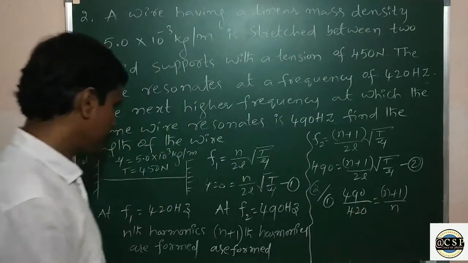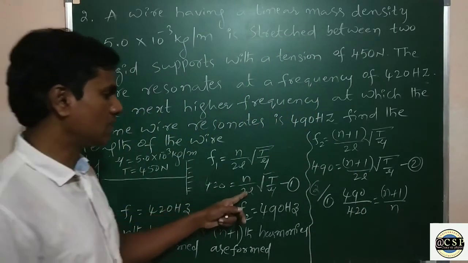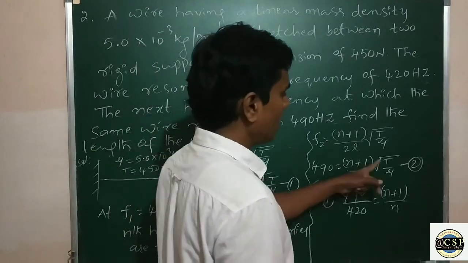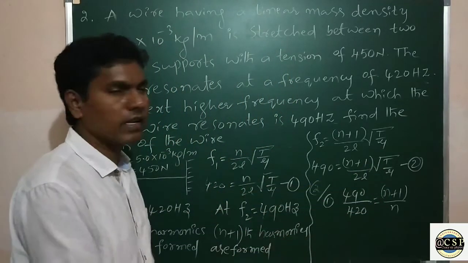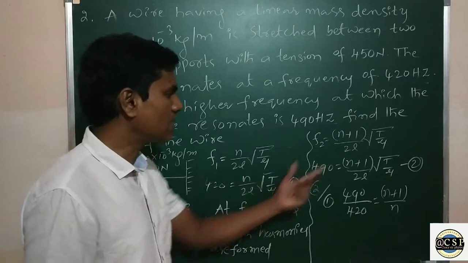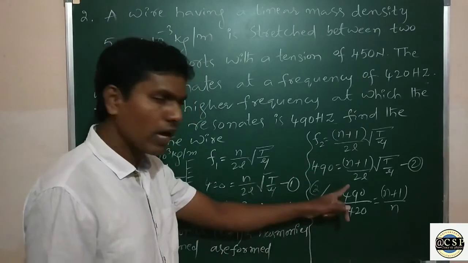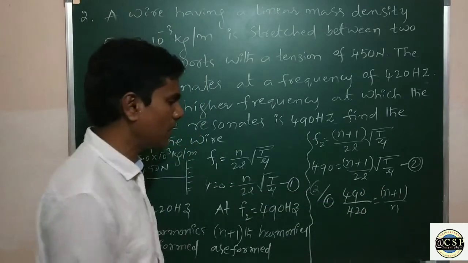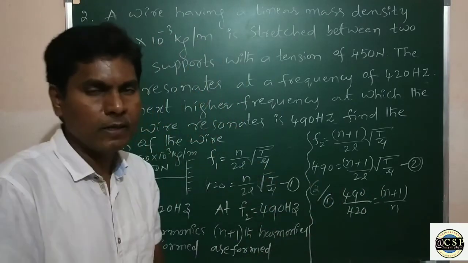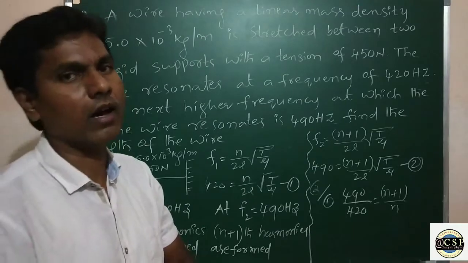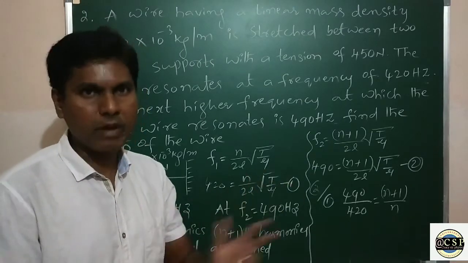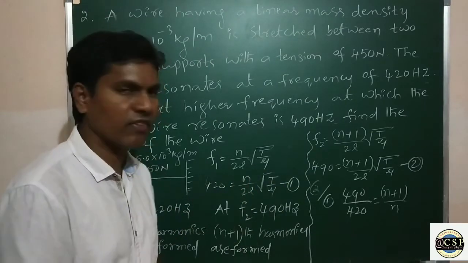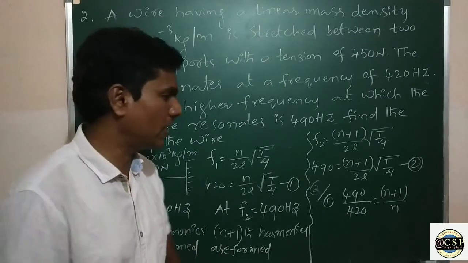Here 2L and 2L get cancelled, and root T by mu gets cancelled. After cancellation of these two, we have 490 by 420 is equal to (n+1) by n. We have to calculate how many harmonics are formed after comparison of both frequencies of the string.